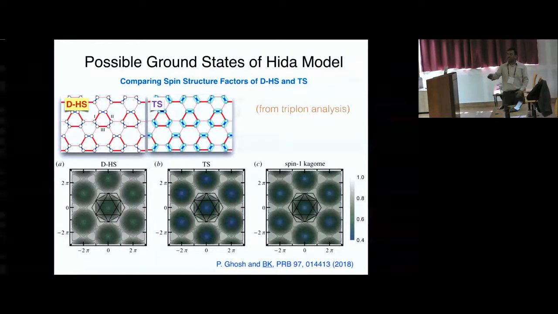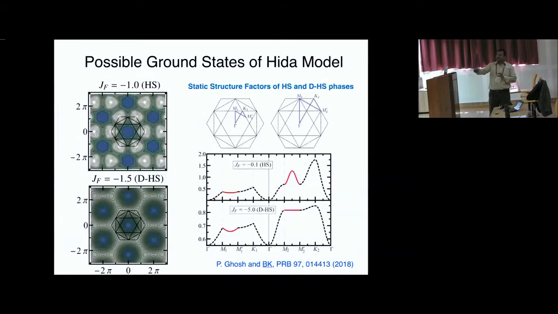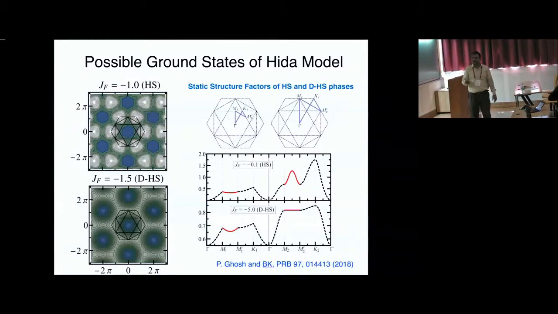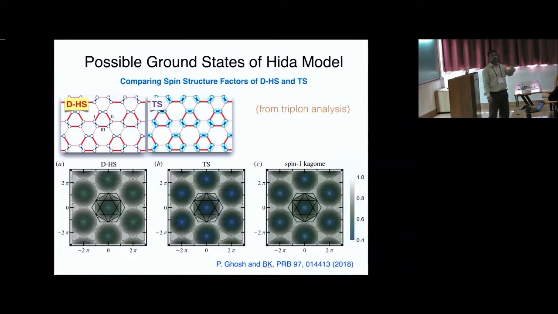And they basically all look the same, except for the intensities and the sharpness of contours may change here and there. But they are actually the same, whereas it is different for the hexagonal singlet phase. So DHS is the same as TS. Further questions?